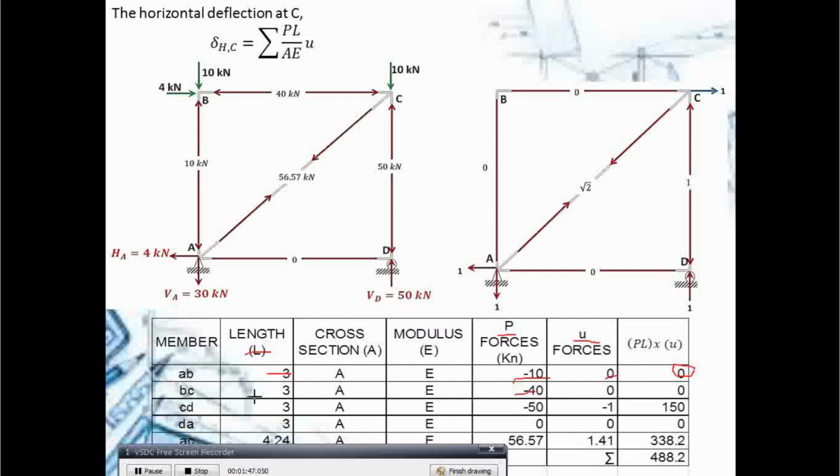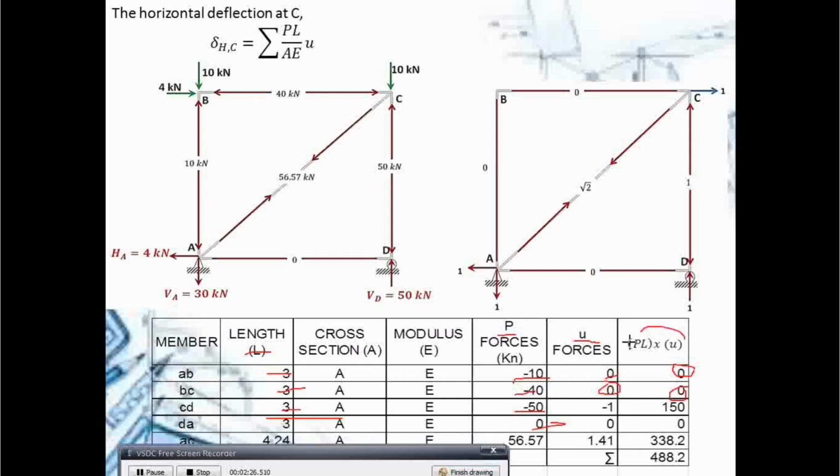Negative 40 times 3 times 0 is 0. Negative 50 times 3 times negative 1 is 150 positive. Then, 0 times 3 times 0 is 0. 56.57 times 4.24 times 1.41 is 338.2.